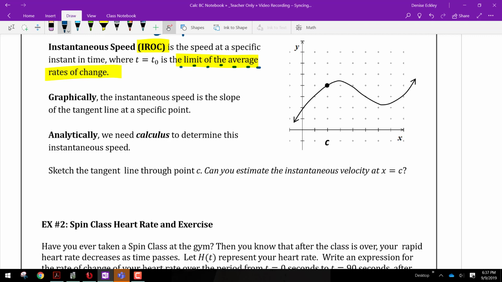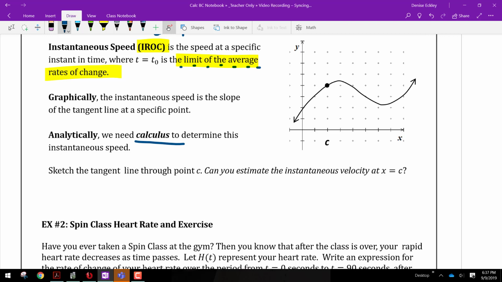Okay, so graphically, instead of having 2 points on the graph, we are looking specifically at one point, at point C. And if a line touches a curve at one point, it's tangent to that curve, so we're looking at the tangent line. And if you notice, it says we need calculus to determine this instantaneous speed. And I know what you're saying, well, this is calculus, we should be learning that, but we will. So as I said, this is just an introduction.